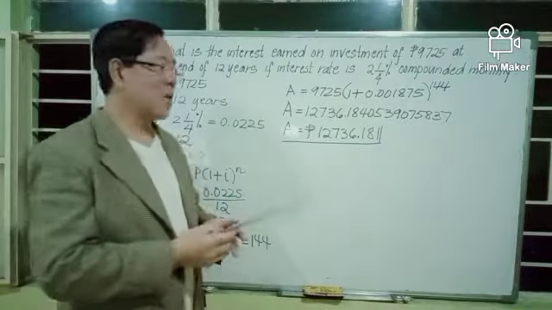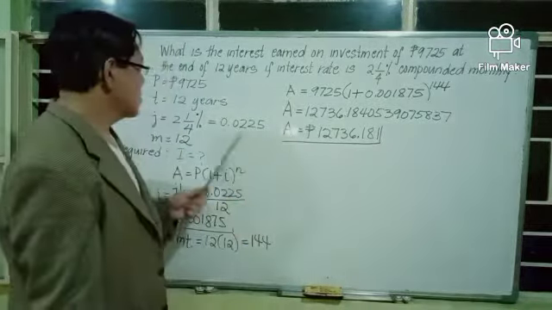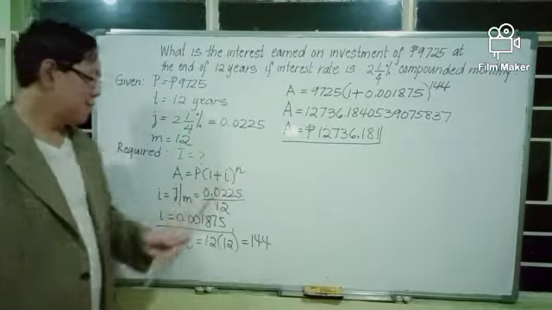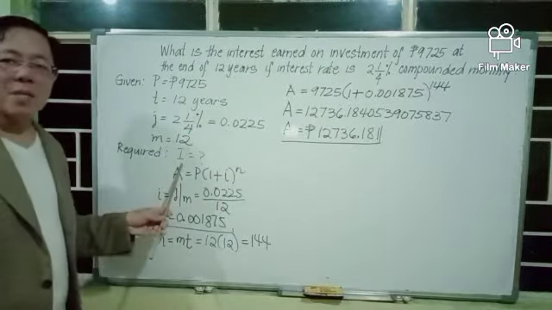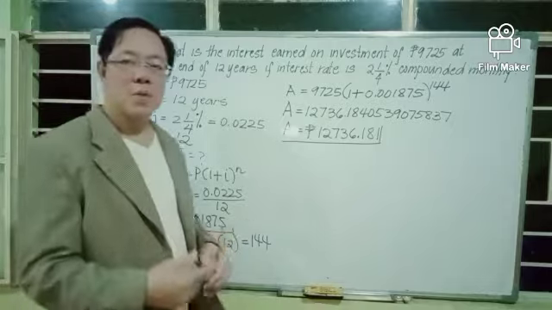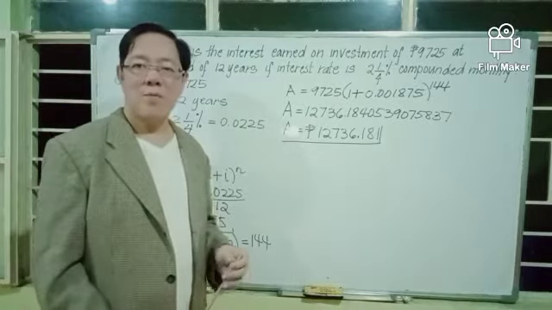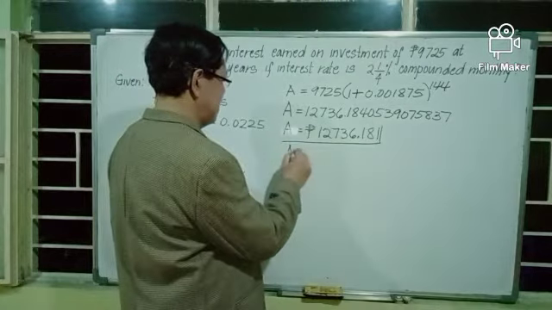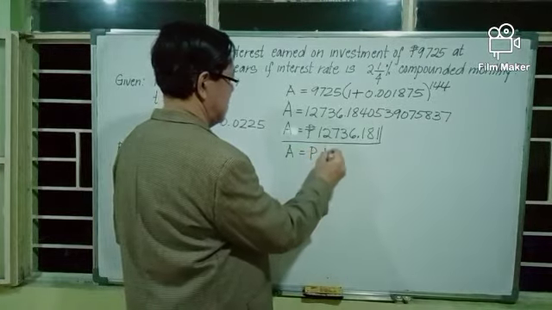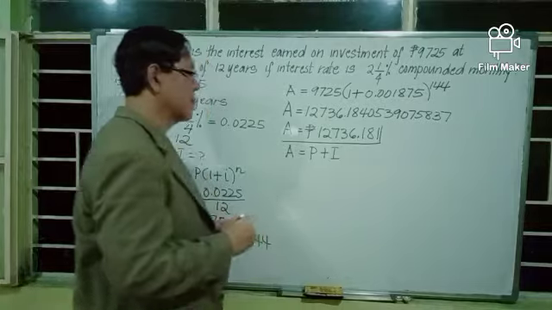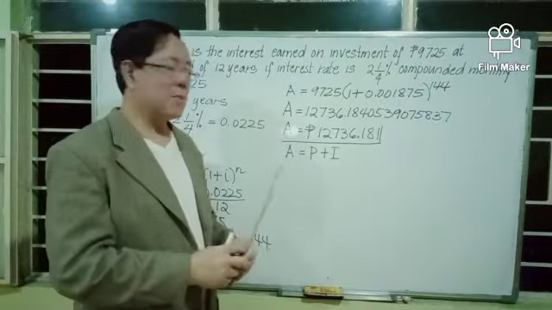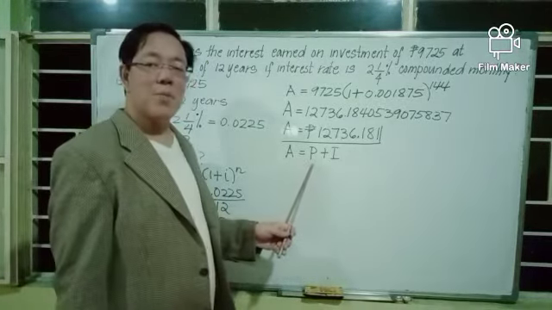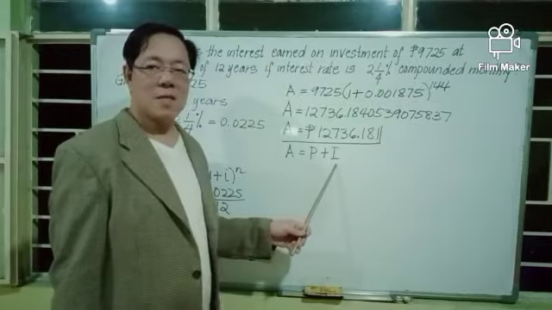But this is not what is required in the problem. The required is the interest earned, denoted by capital I. And we find capital I from the following formula. The accumulated value is the sum of the principal and the amount of interest.